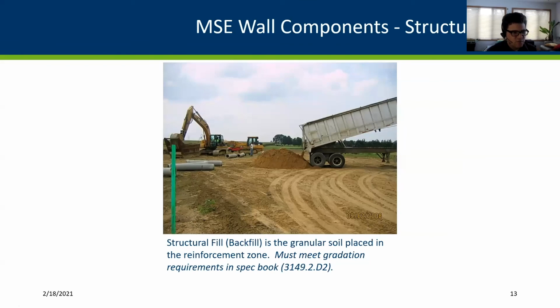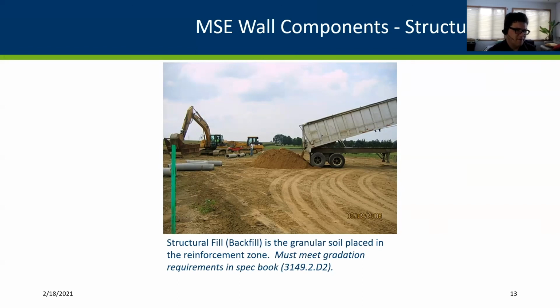And then by and far, the most important piece of any MSE wall is the structural backfill. The structural backfill makes up 95% of the wall itself. And so it's really important that that material be very carefully inspected to make sure that it meets the specifications. All of our walls have the same requirement for backfill now, and that's the structural backfill found in our spec 3149.2.D2.